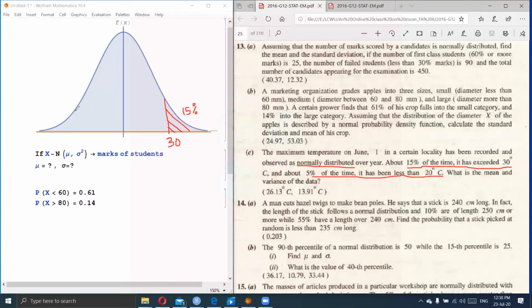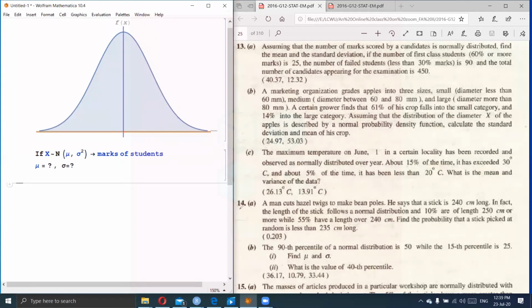So 20 is here, and less than 20 means you have to shade this area, and this shaded area is only 5% below the temperature 20. So it is 5%. Using these two pieces of information we can construct two equations, and using these two equations we can find the value of mu and sigma.